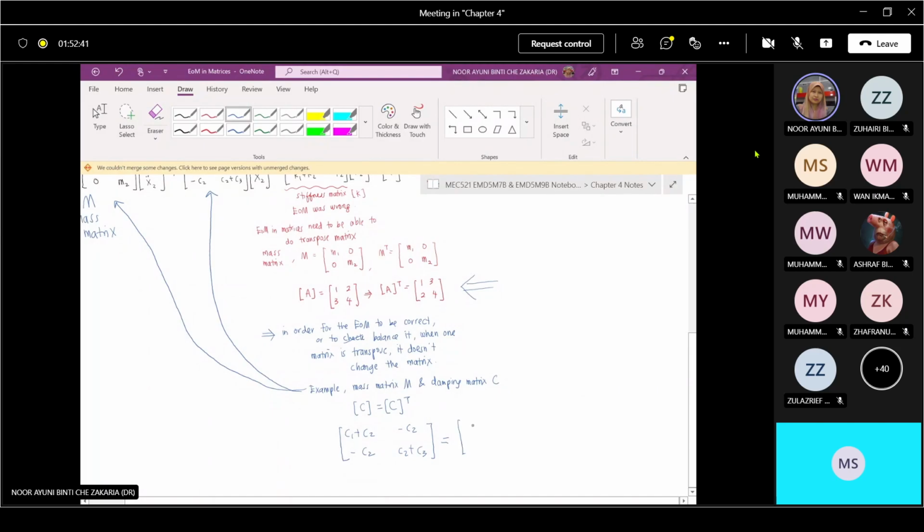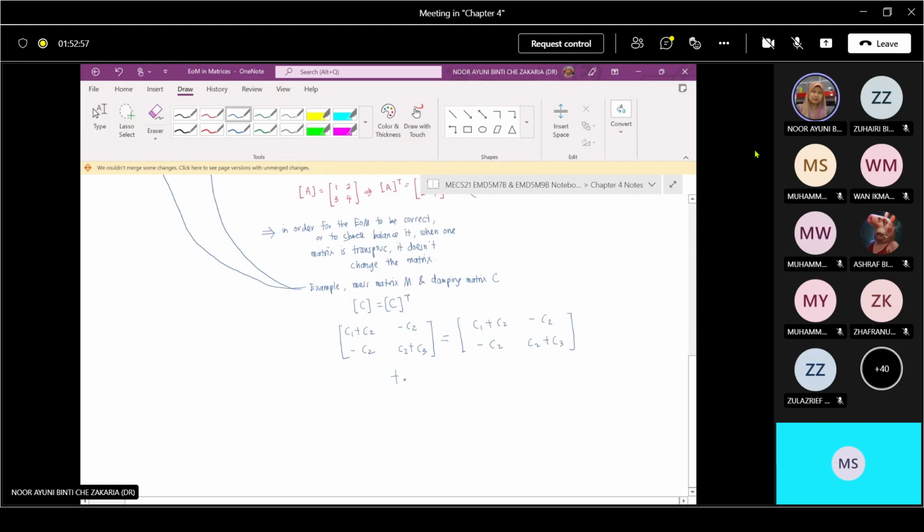When I do the transpose, dia masih sama. So this is the correct equation of motion.